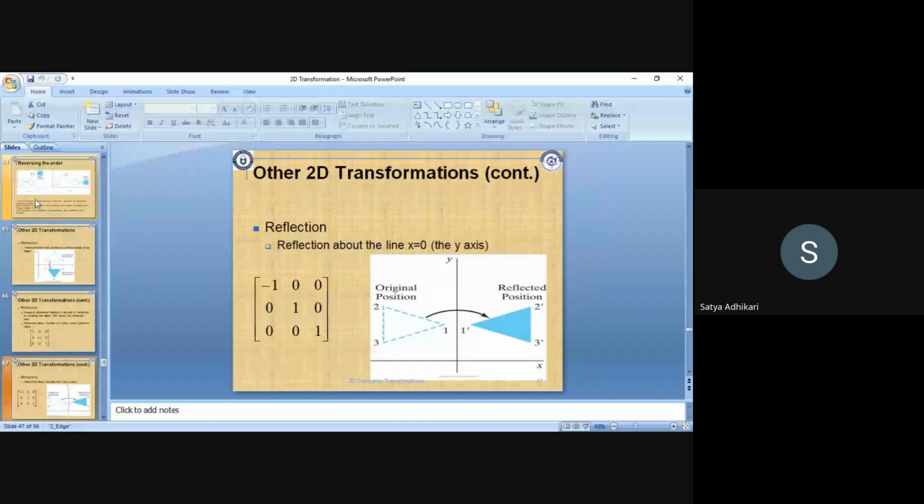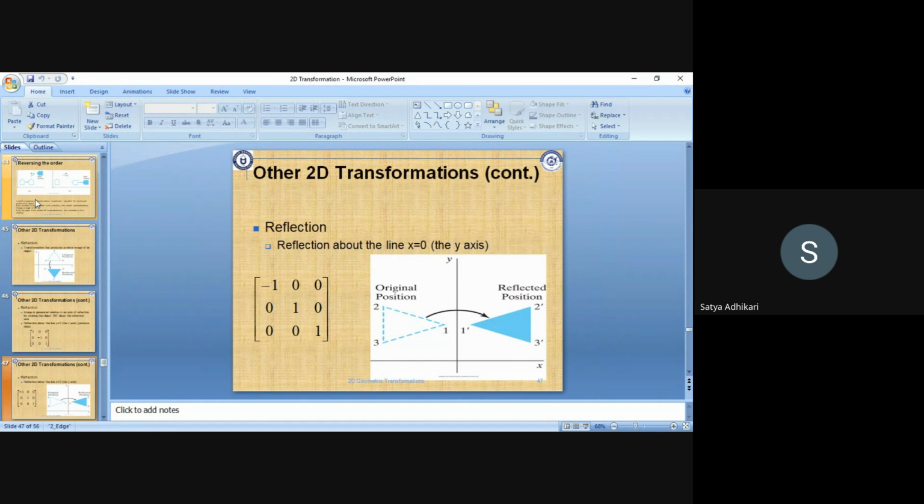You see the original position, and if you place a mirror on the y-axis, you will get exactly the image represented in blue, with points 1 dash, 2 dash, 3 dash corresponding to the original points 1, 2, 3.